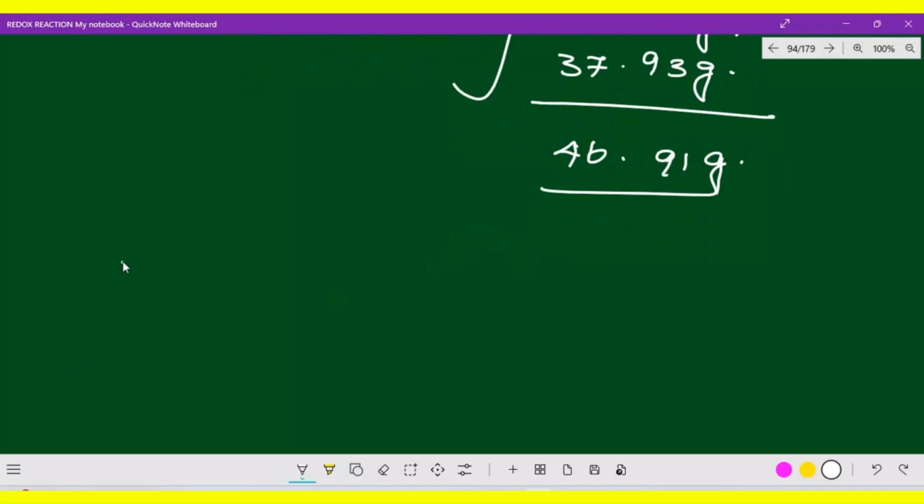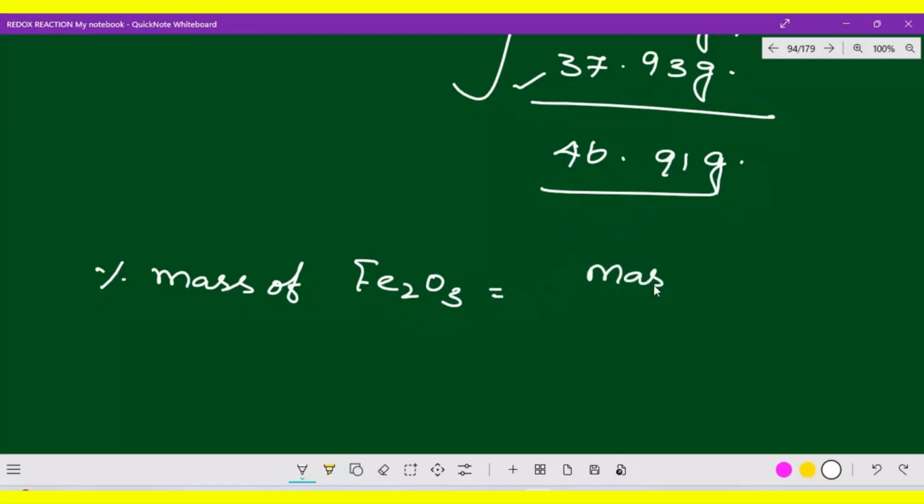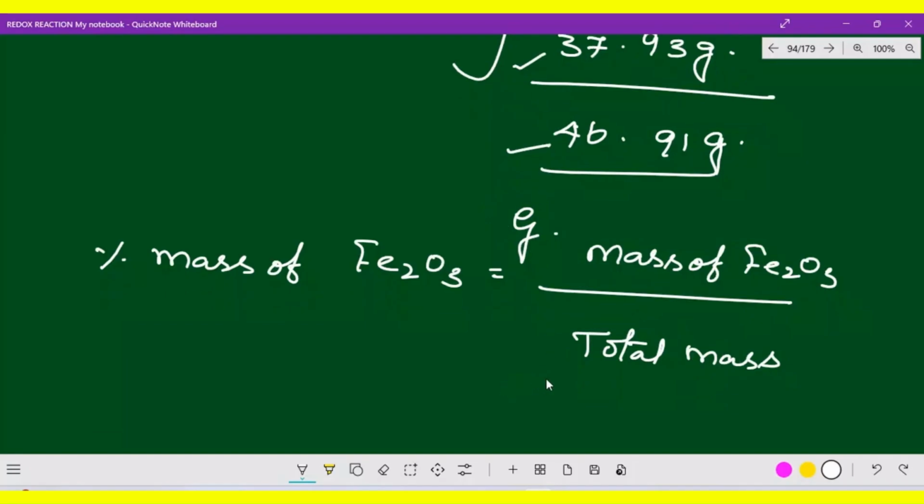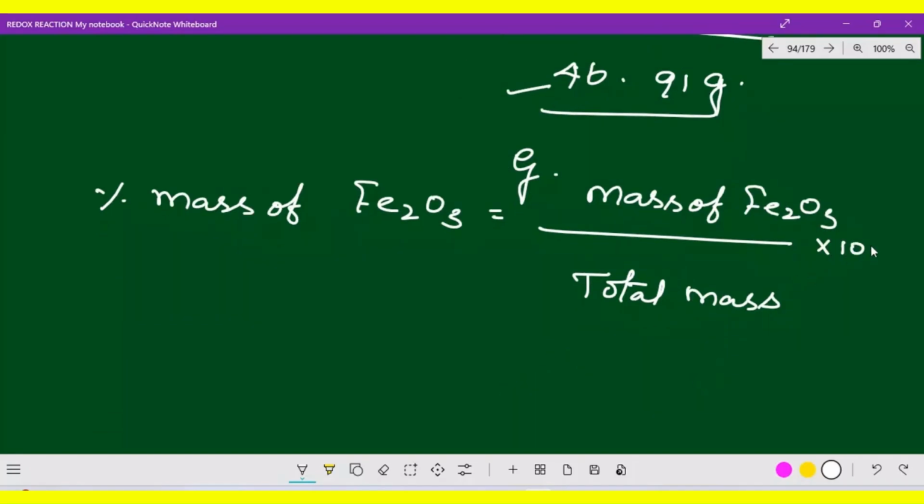Now mass percentage of Fe2O3: the given mass of Fe2O3 divided by the total mass, into 100.